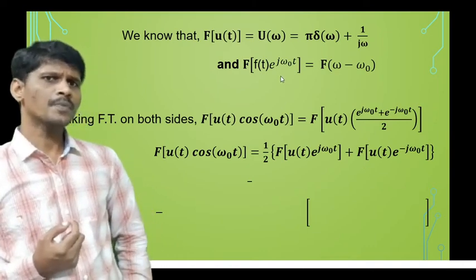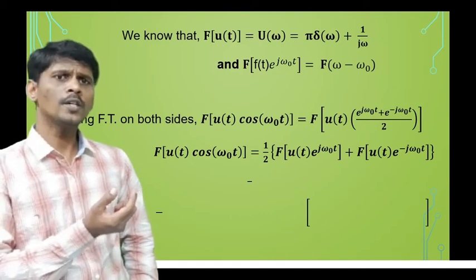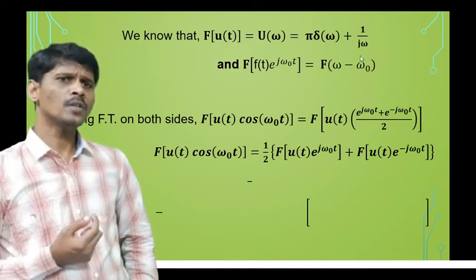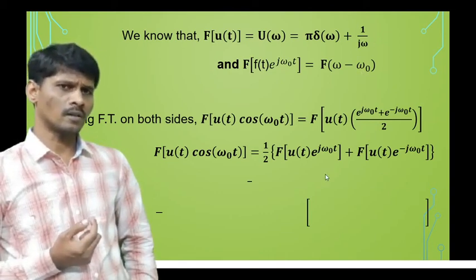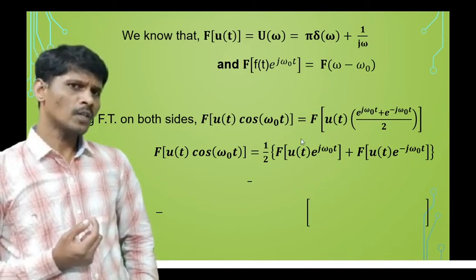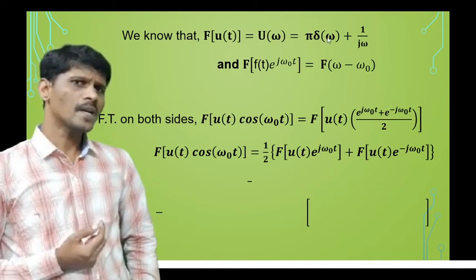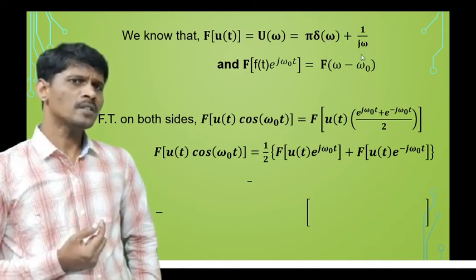Using the frequency shifting property, the Fourier transform of f of t into e power j omega naught t is F of omega minus omega naught. Now here, in place of f of t, u of t is there. So what is the Fourier transform of the unit step signal? Pi del of omega plus 1 by j omega.